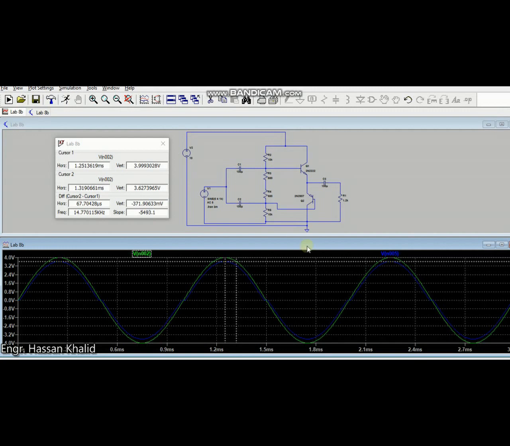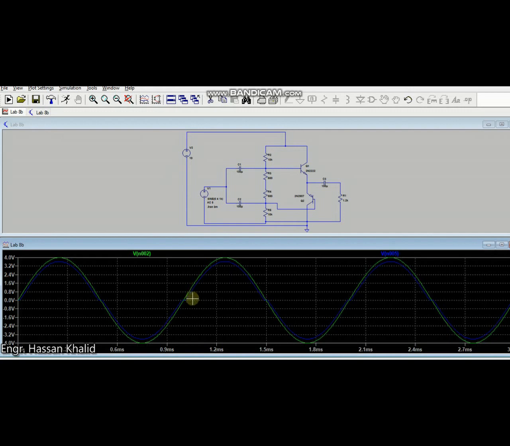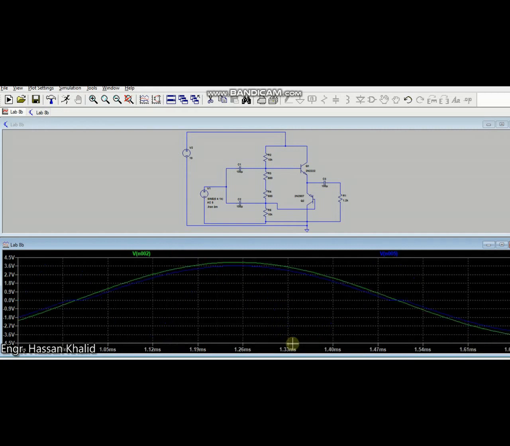You can also visualize it from here, that the amplitude difference is about 0.371 or 371 millivolts. So let us zoom in to observe any other kind of difference that we can. Okay, now here is another difference as well.